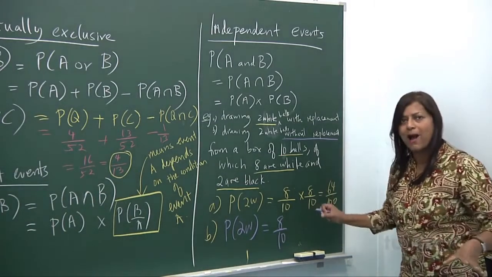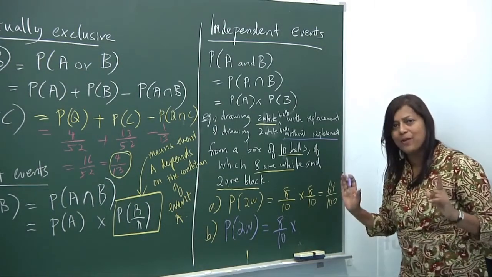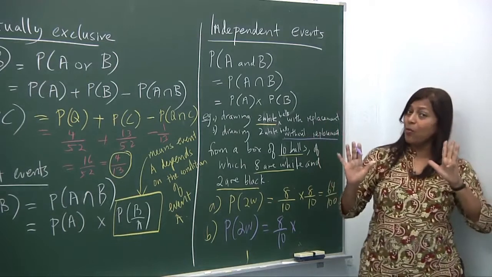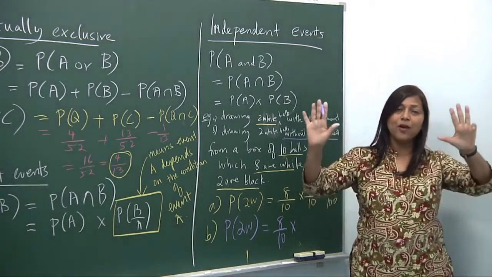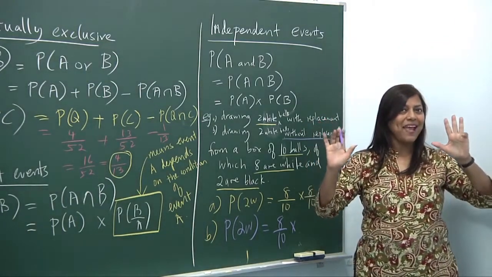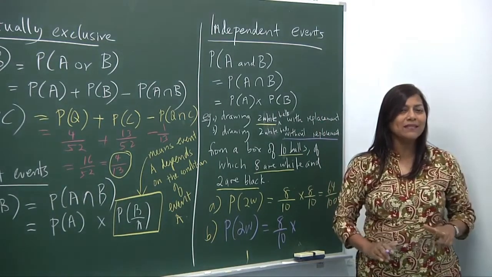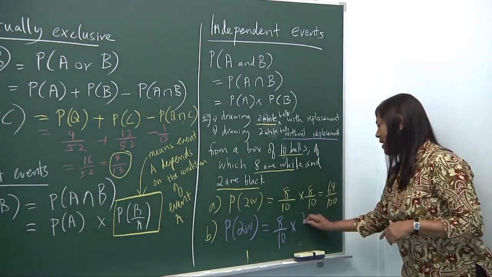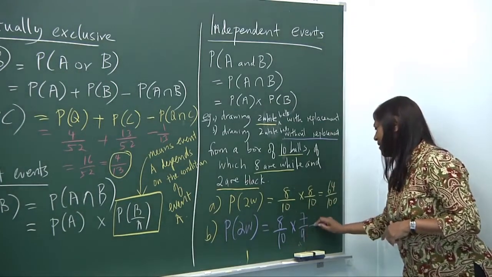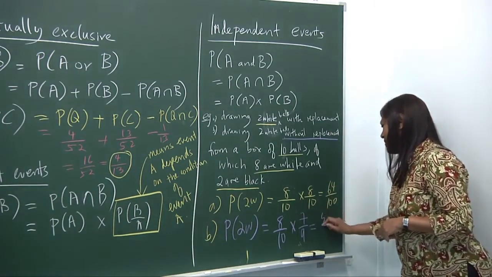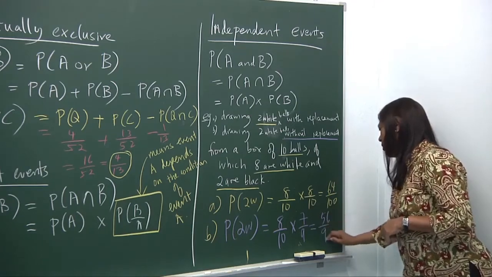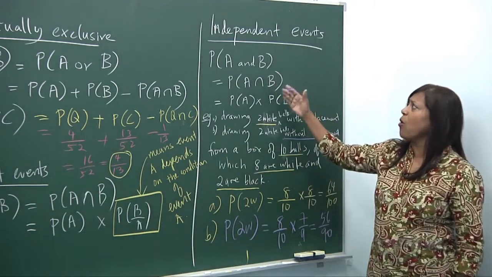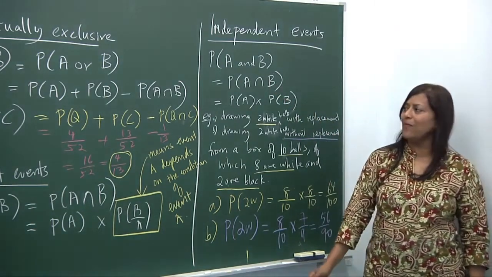You've taken 1 out, now you're left with 7 whites. And from 10, you've taken out 1 ball, so you've got 9 balls left. And how many of them are white? 7. So the chance of the second one being white is 7 out of 9. So 8 times 7 is 56 over 90. Please reduce it.